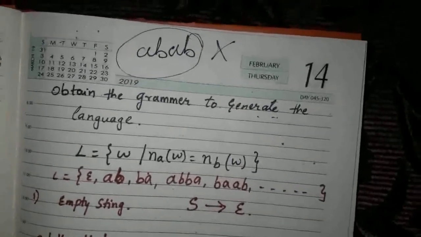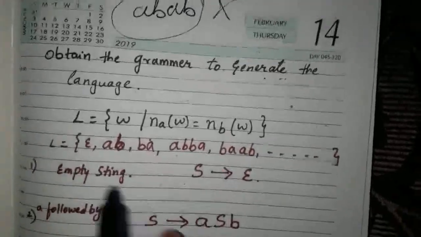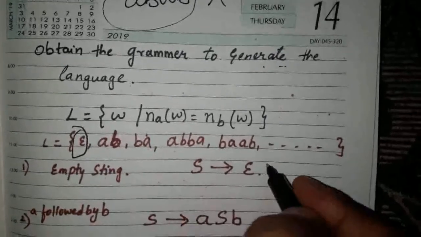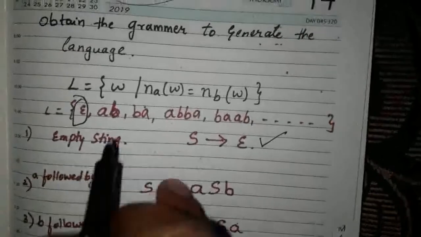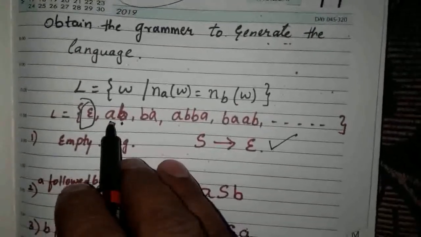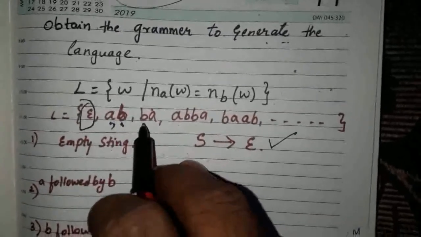Now, take some examples. First example is epsilon. So the first production would be S tends to epsilon. Look at the second one, AB. That is, if it is starting with A, it should end with B. Look at the next example, BA.